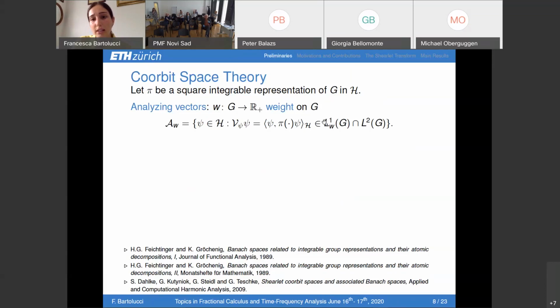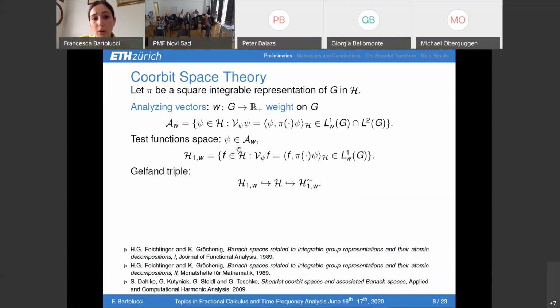And we also ask that this function is in this L1 weighted space. So if this set is not empty, we take one analyzing vector psi and we define as follows the space that plays the role of the test function space, which is denoted by H1W, which is the set of elements in the Hilbert space such that the voice transform of F is a function on the group in this L1 weighted space.